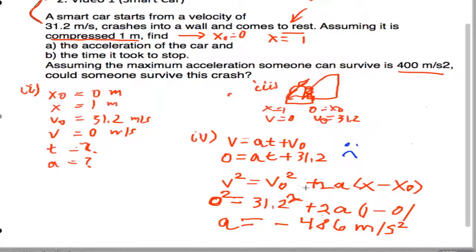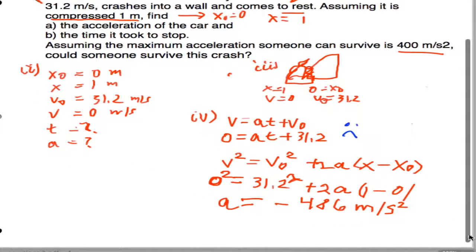Now we can actually go back and get the time if we want to. So for step 5, I will now go back and solve for what I can solve for. Well, actually, that's what I did here. Now, for step 6, I'm going to go back and solve for what I can solve for. Because my computer is being a little bit slow, I'll just tell you, plug in the acceleration into this equation here and solve.